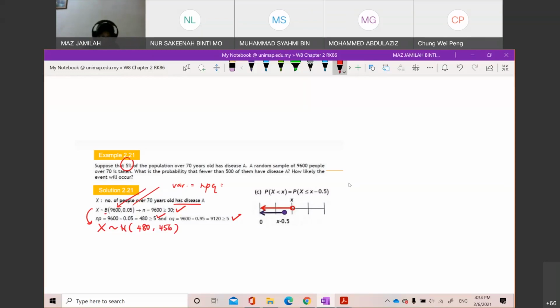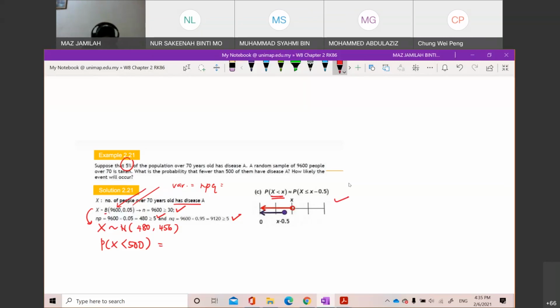What is the probability that fewer than 500, P(X less than 500)? Okay, since we do the approximation from discrete to continuous, we have to use the continuity correction factor. For less than, we have to deduct by 0.5.